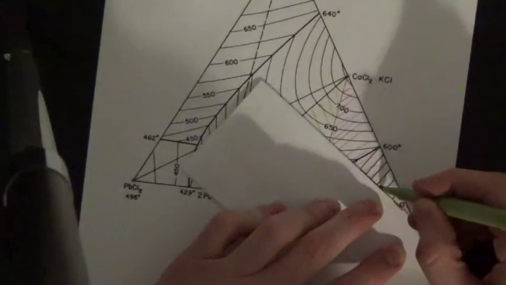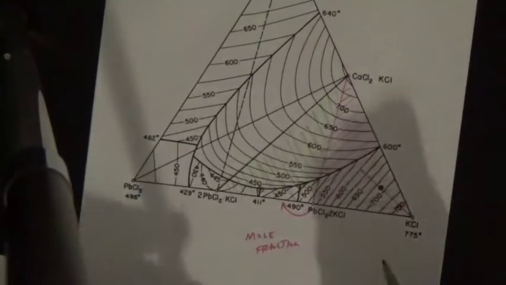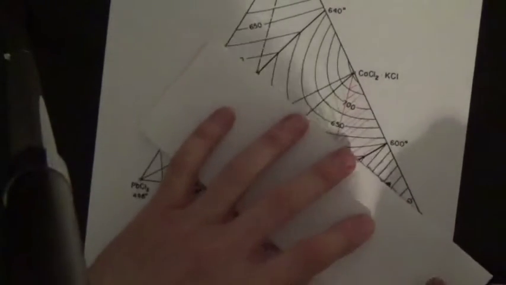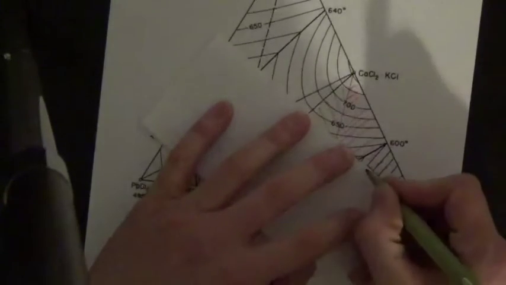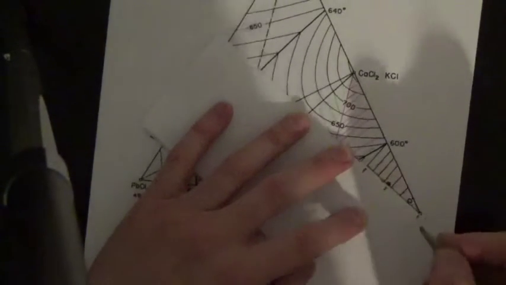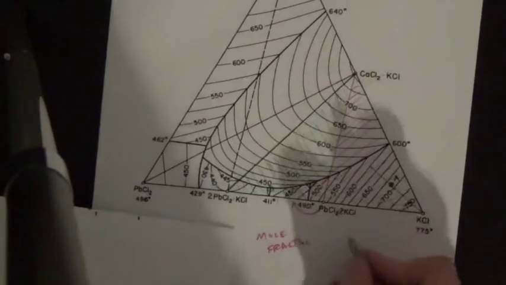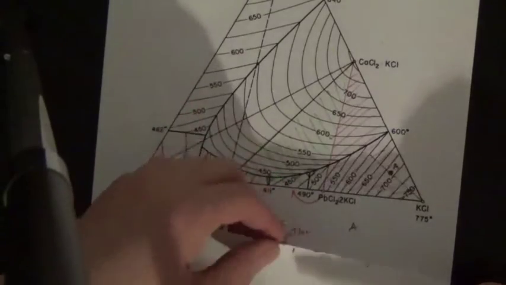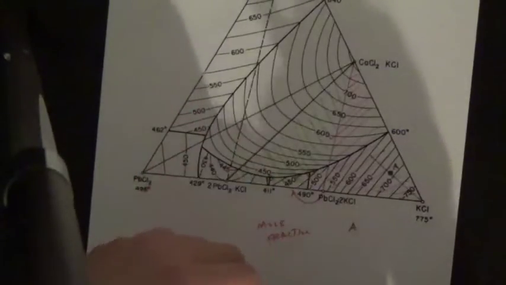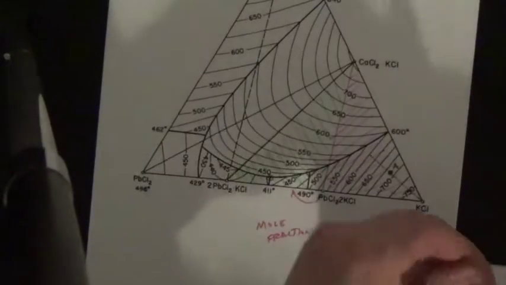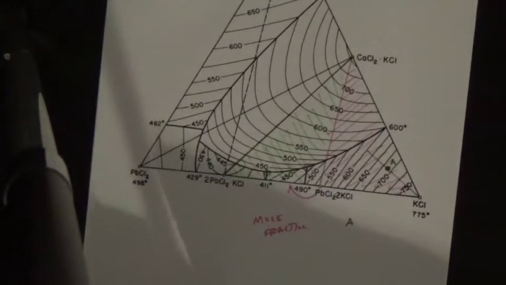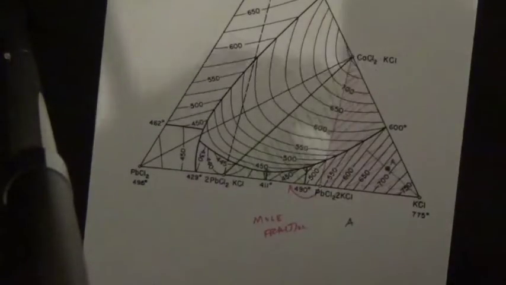We get this tie line, which we can approximate to be that. So call this composition A.